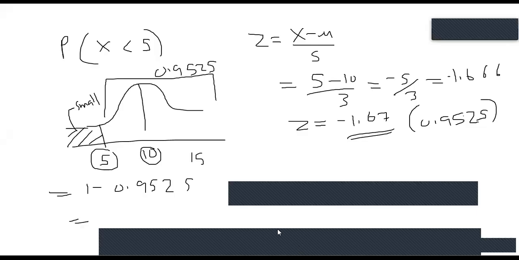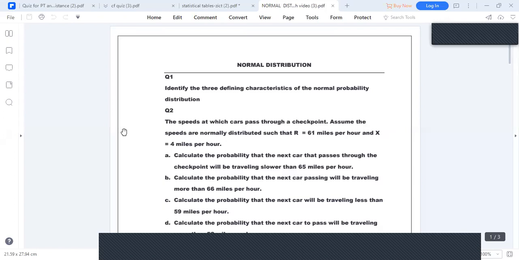Okay, so under normal distribution, we have the following questions. Let's be open-minded. Question number 1. We are asked to identify 3 characteristics of normal distribution. Who can answer? Number 1. Bell-shaped.